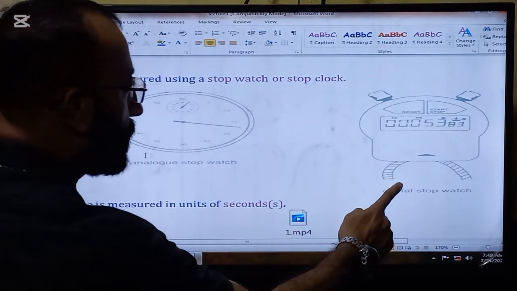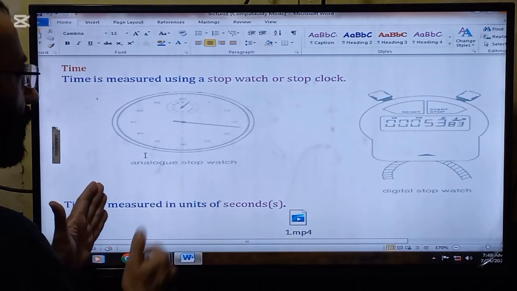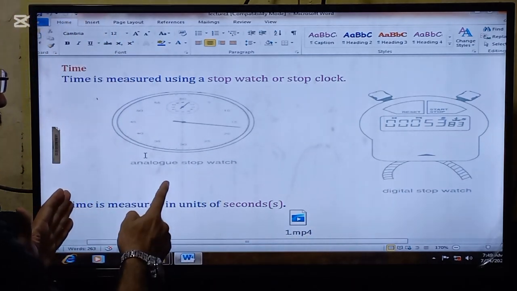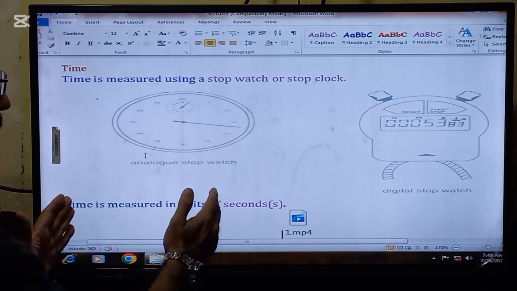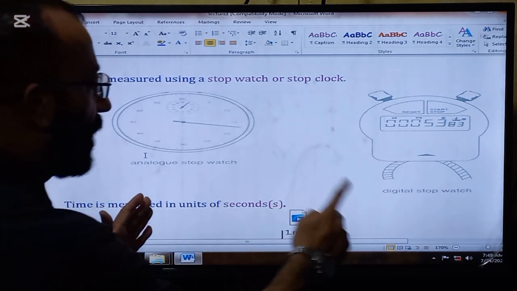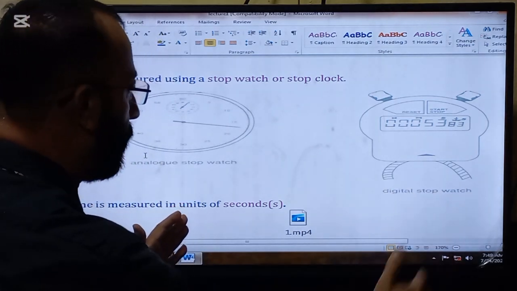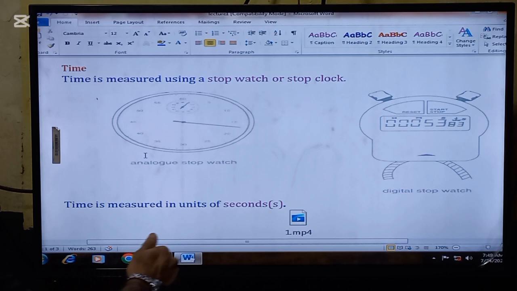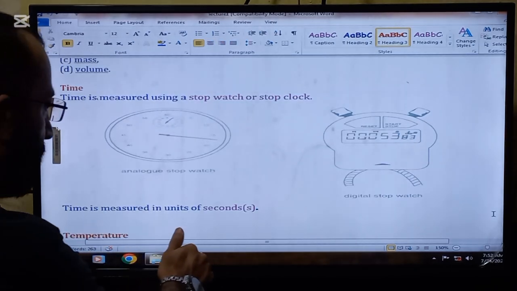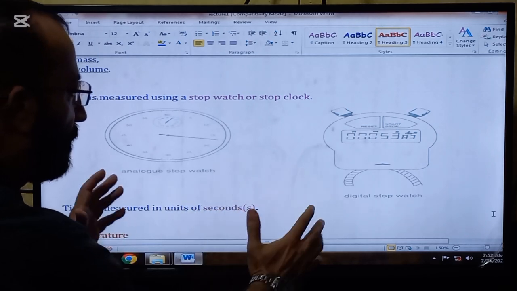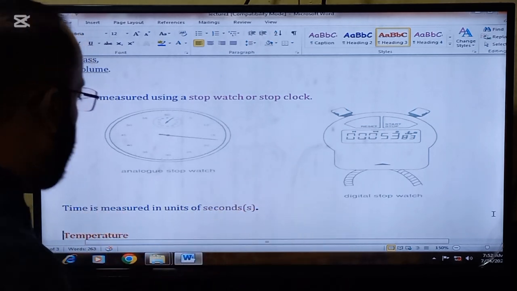This is the most modern form of the stopwatch and this is the somewhat older one. The accuracy of the analog stopwatch is 0.01 seconds and the accuracy of the digital stopwatch is 0.001 seconds. Time is measured in the units of seconds. Whenever we measure time, the standard unit is seconds.